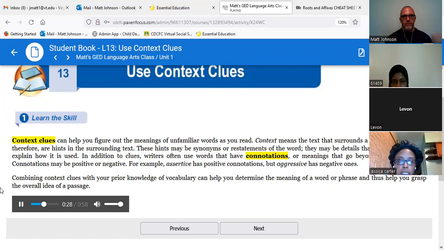In addition to clues, writers often use words that have connotations, or meanings that go beyond their definitions. Connotations may be positive or negative. For example, assertive has positive connotations, but aggressive has negative ones. Combining context clues with your prior knowledge of vocabulary can help you determine the meaning of a word or phrase, and thus help you grasp the overall idea of a passage.